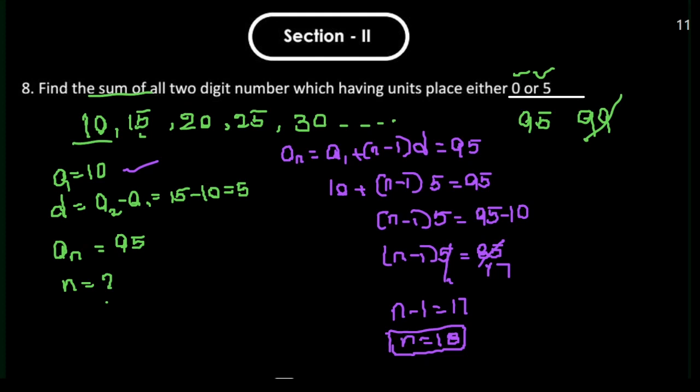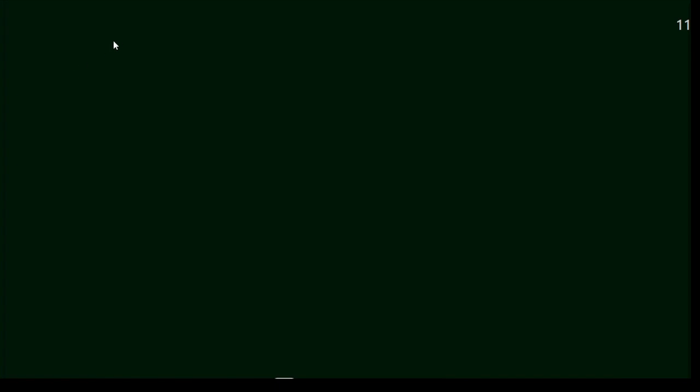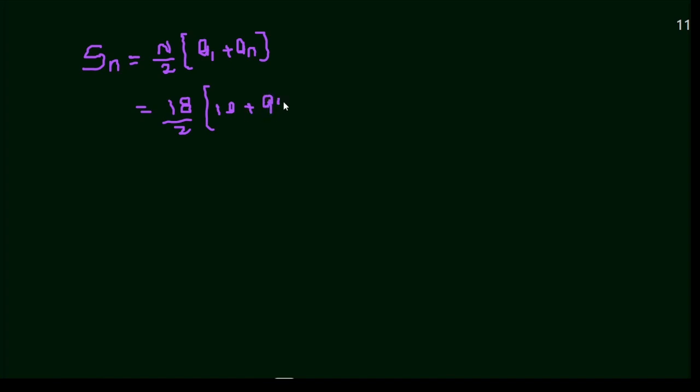Then the formula is the sum of n terms, the first formula we have used in this video, that is Sn is equal to n by 2 into (a1 plus an). Okay, so what is n? 18 by 2, the first term is 10 plus the last term is 95.